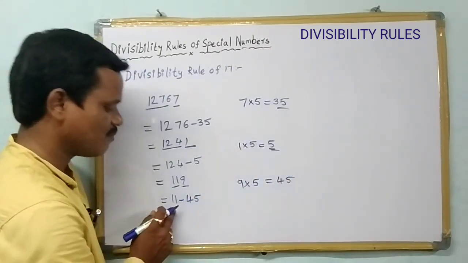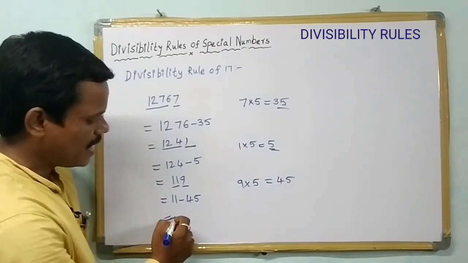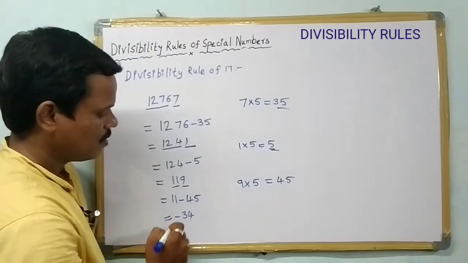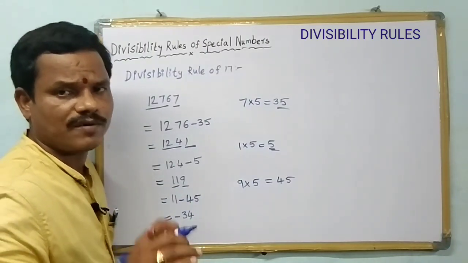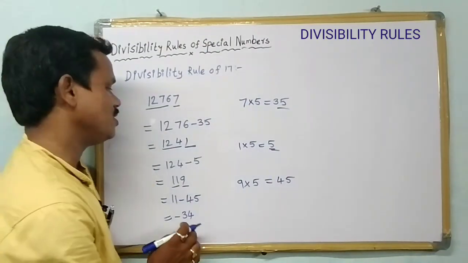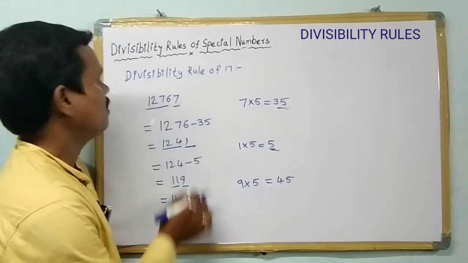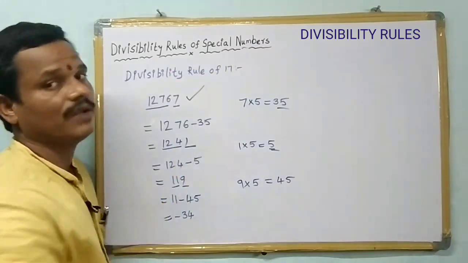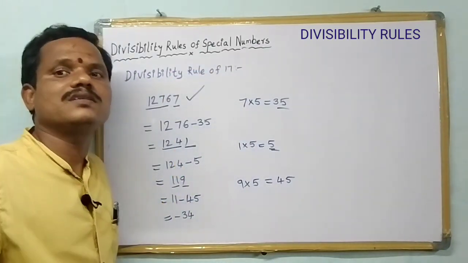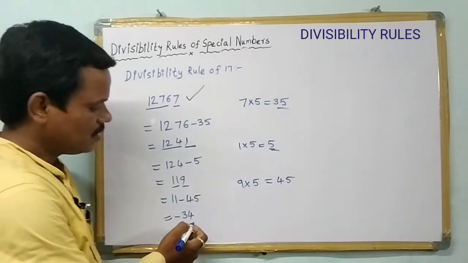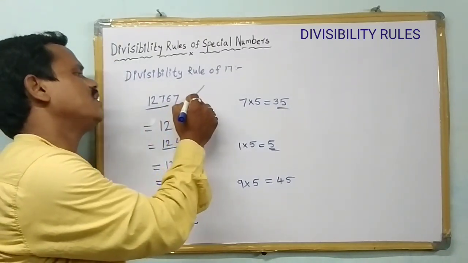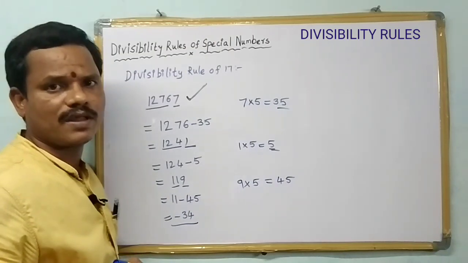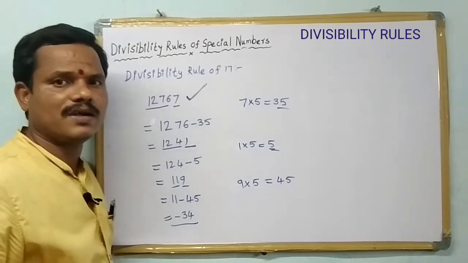The answer is minus 34. Is 34 divisible by 17 or not? Yes, 34 is divisible by 17. Here the last number 34 is divisible by 17, so the given number 12767 is also divisible by 17.